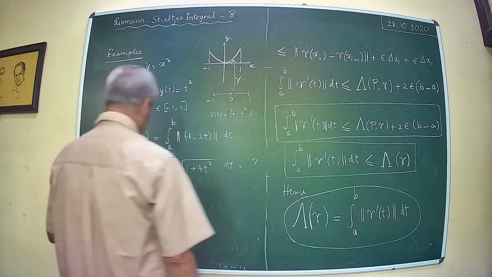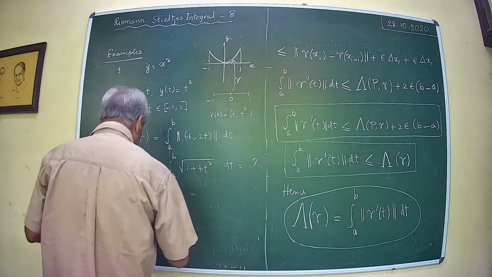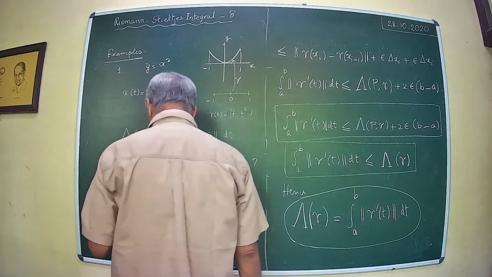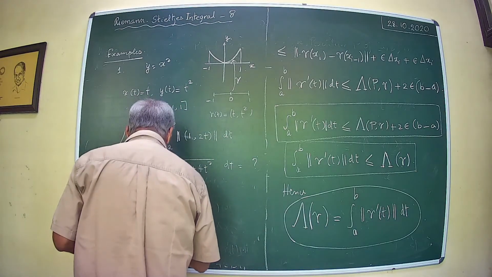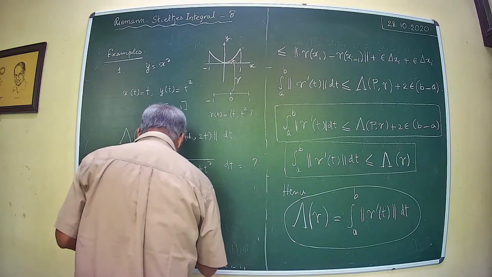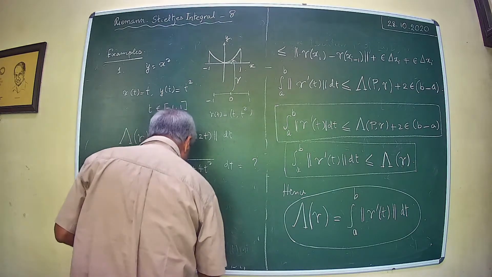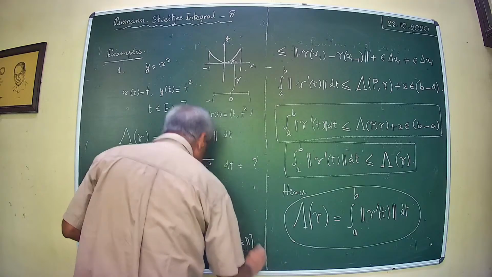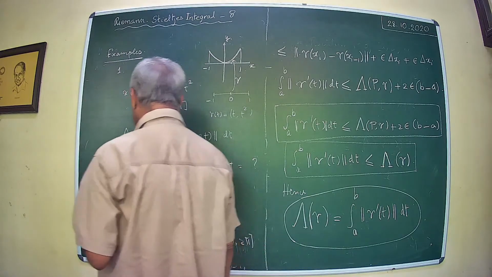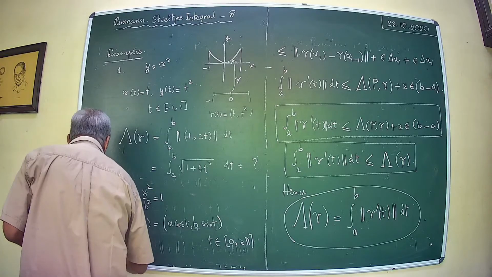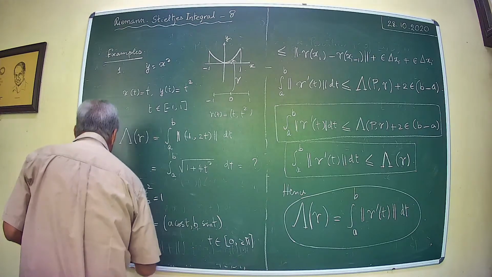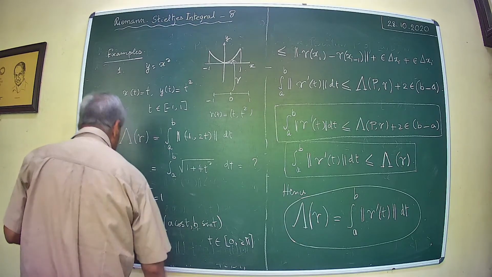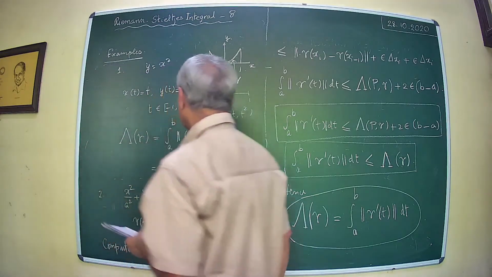And you can parameterize this as gamma t equal to a cos t, b sin t, for t in the interval. Complete.